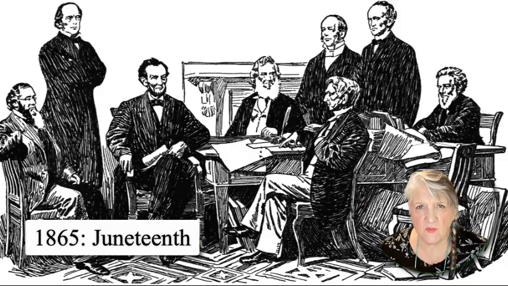The Emancipation Proclamation went into effect on January 1, 1863, and word was sent out across the country. In that time, news traveled much more slowly than it does now, so it wasn't until June 19th of 1865 that word finally got to Galveston, Texas about the Emancipation Proclamation.